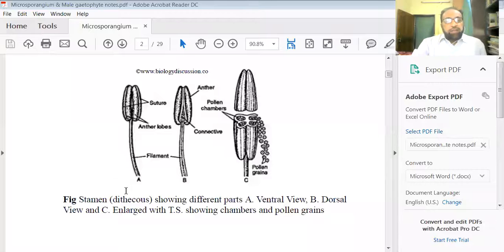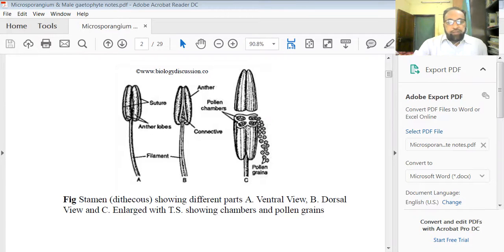I will show you the structure of this stamen. You will find that this is a single stamen. On the upper side, a particular anther is present. This anther has a swollen structure and is normally four-lobed.